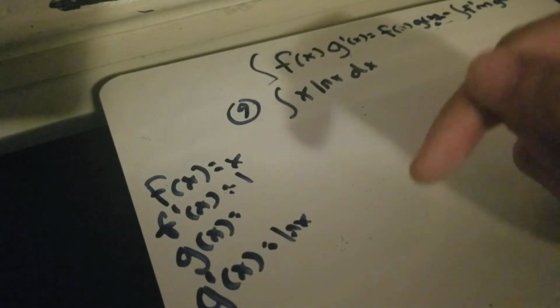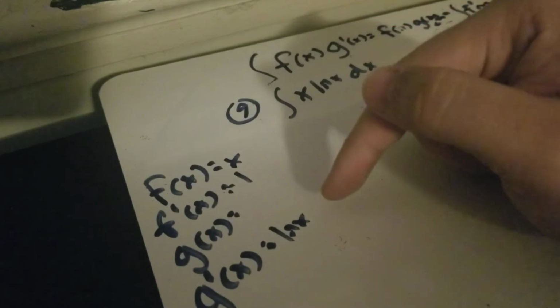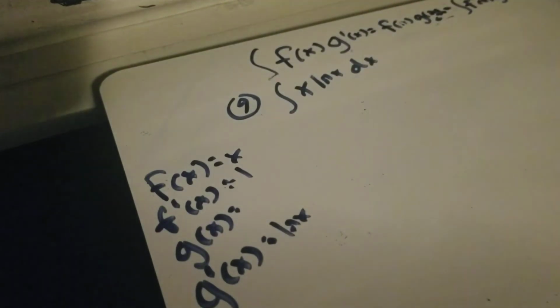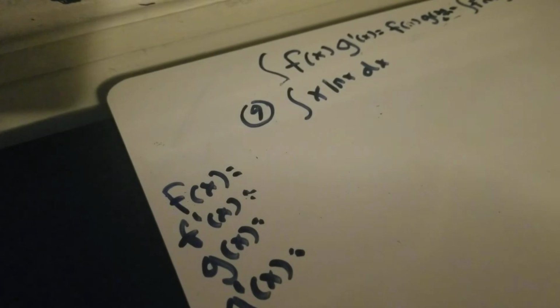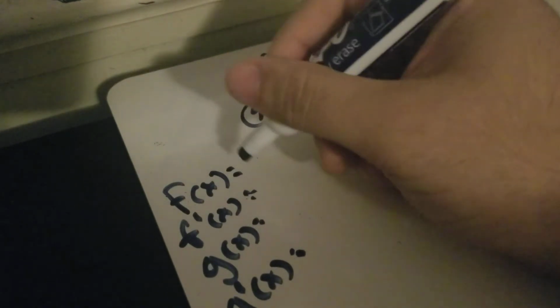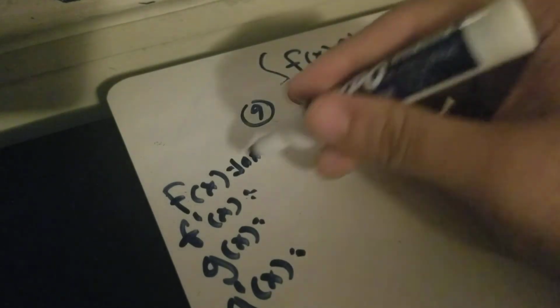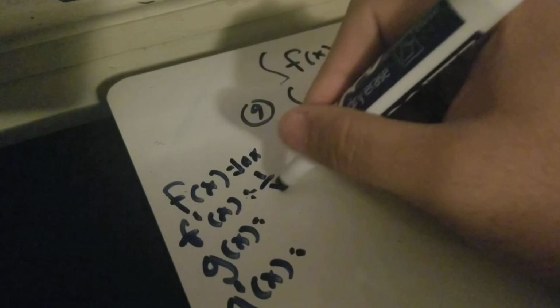So now I'm going to decide, instead of using x for my f of x, I'm going to use ln x for my f of x. And that's going to typically happen when you have a ln in your integral. So even though ln doesn't become as simple, because if you remember what the derivative of ln x is, it's just 1 over x.